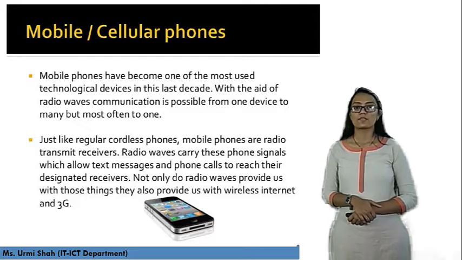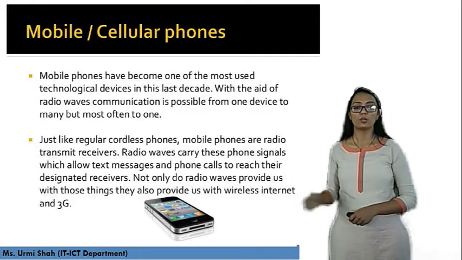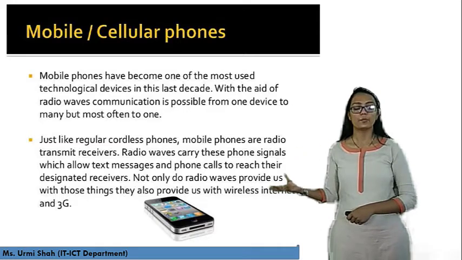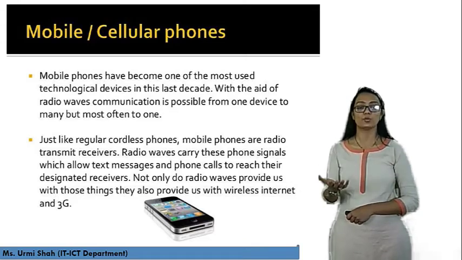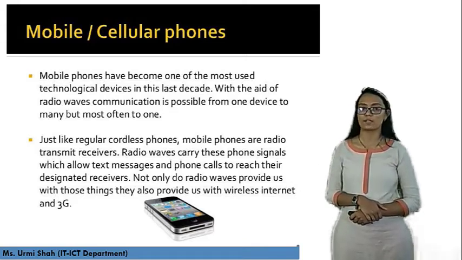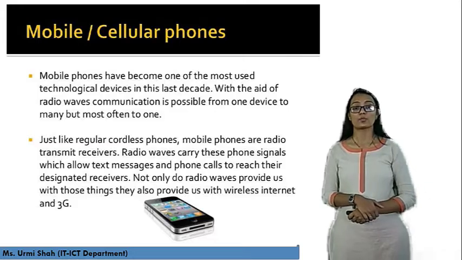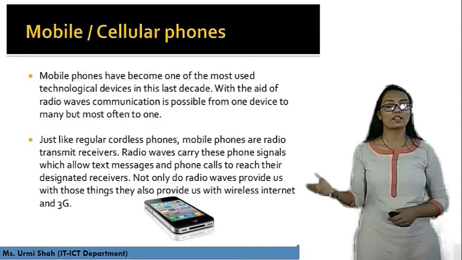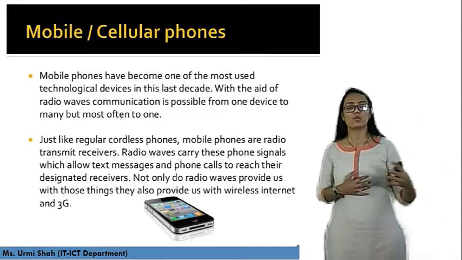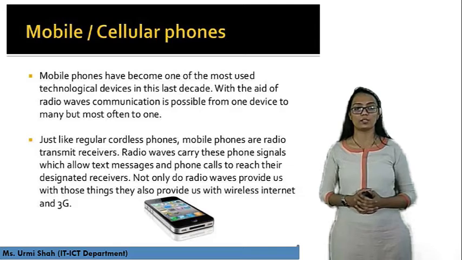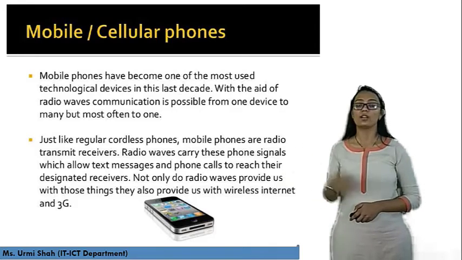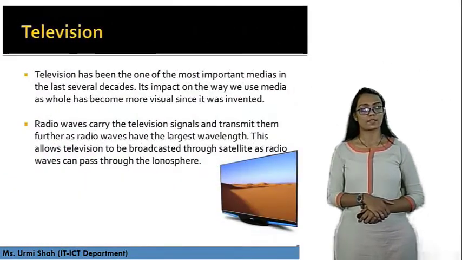Radio waves carry these phone signals, which allow text messages and phone calls to be transmitted from one section to another, from one person to another person or to designated receivers. Not only that, radio waves also provide us with internet connectivity with 3G, 4G and the upcoming 5G technology. So all these use radio communication waves.